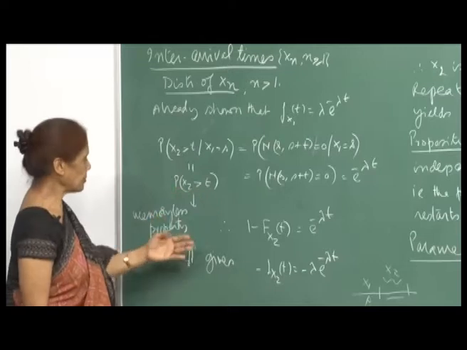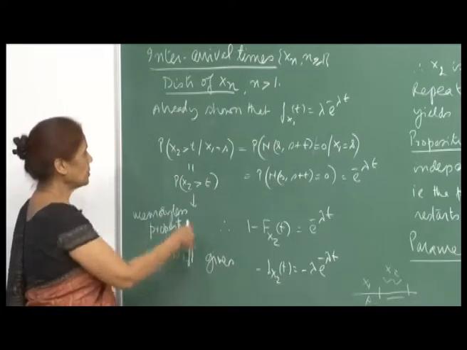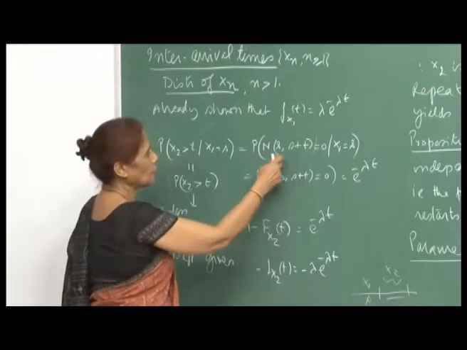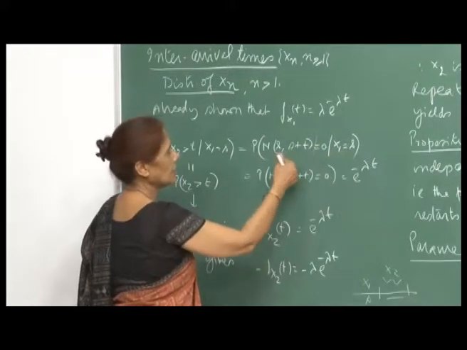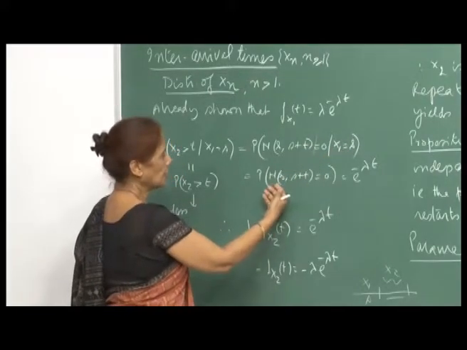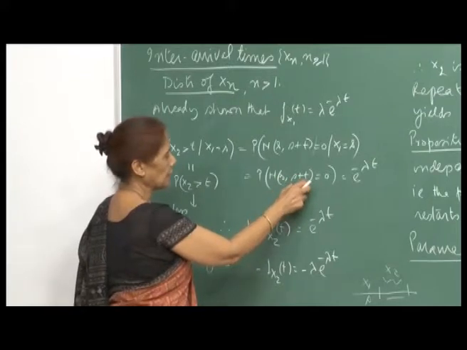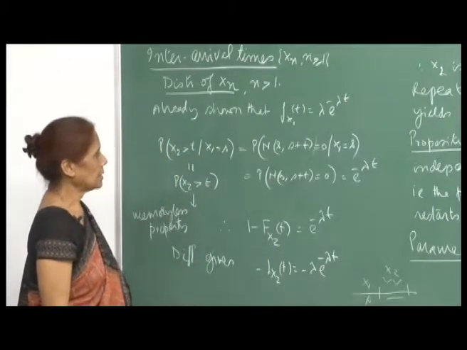So, this is the memoryless property that we have already shown. Therefore, this is equal to the probability that there are no arrivals in the interval s comma s plus t, given that x 1 is s. So, this is equal to the probability that there are no arrivals in the time interval s comma s plus t, and that probability is e raised to minus lambda t. Is that okay?